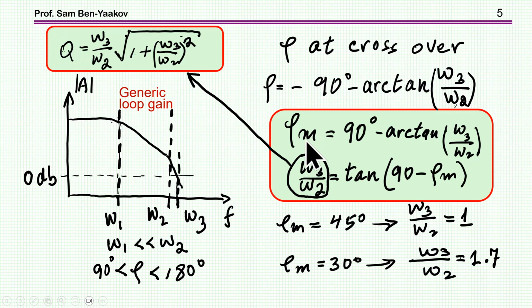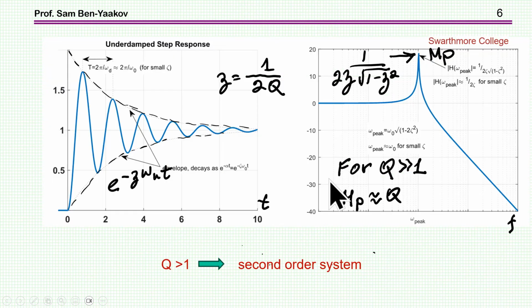The phase margin is a function of this distance here, and the quality factor is therefore a function of the phase margin. So when the phase margin is small, the quality factor is high, and then we're going to have an overshoot in the time domain and a peaking in the frequency domain. This is the basics, of course, of the behavior of a second order system. When the phase margin is small, the system behaves like a second order system.